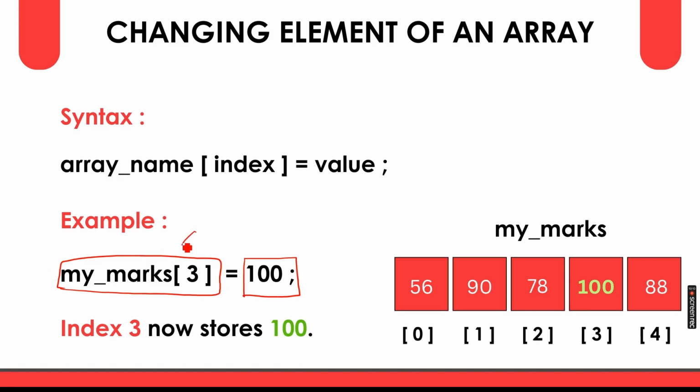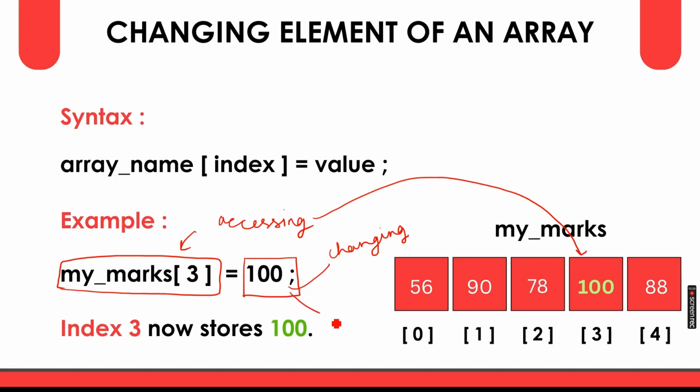So the first part is accessing the element, and this part here is changing the element. Got it? So this part will take us to index 3 and this part will make it 100. Again very easy. Access, change, two things we have to do.